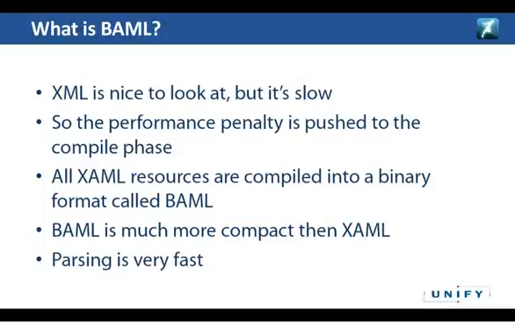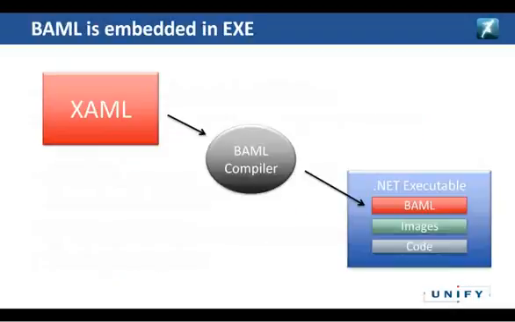So basically we take the XAML that we created, compile that into BAML, and then drop all that into the .NET executable that you get out, be it a browser executable or a desktop executable. So you get a nice and quick user interface.